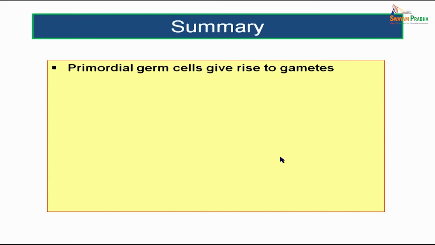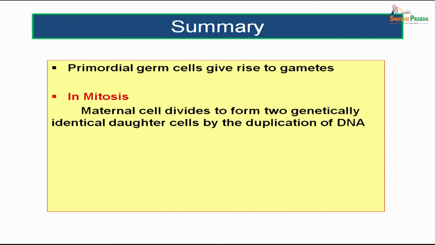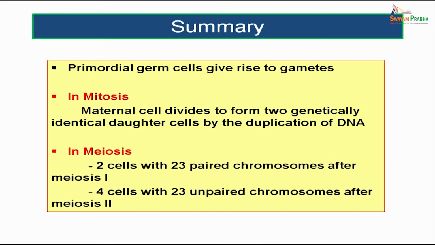So, just to summarize, we have the primordial germ cells giving rise to gametes, and in mitosis the maternal cell divides to form 2 genetically identical daughter cells by the duplication of DNA material. And what is happening in meiosis? We have 2 sets of meiosis happening.